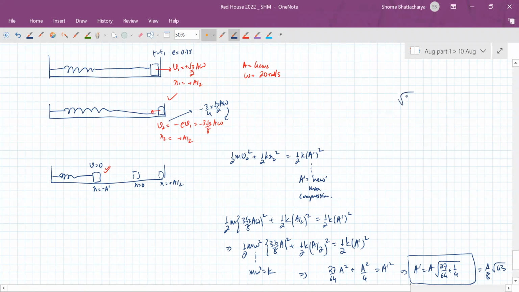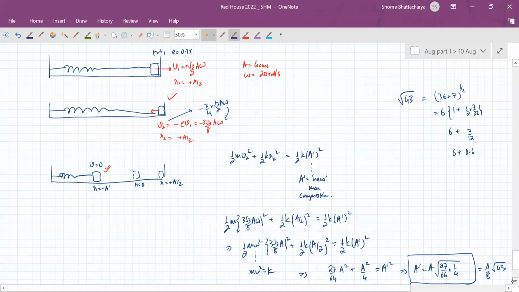So you'll see that root 43 is approximately 6.6.